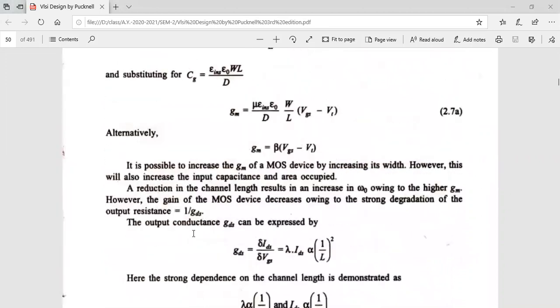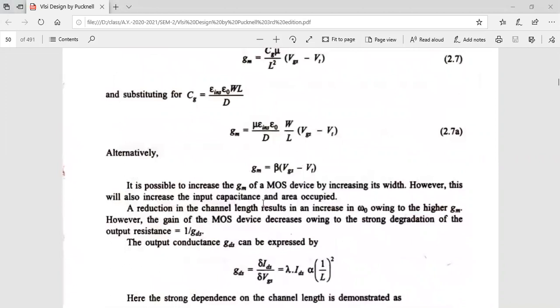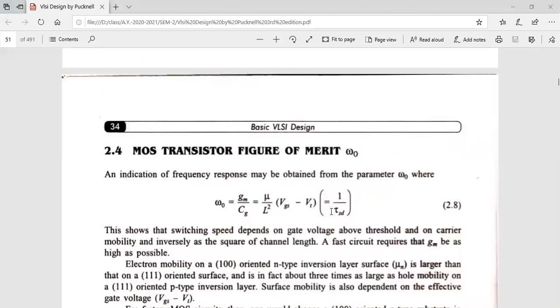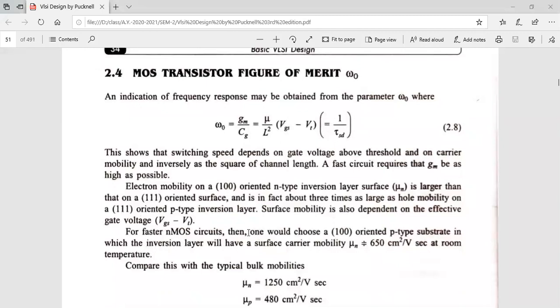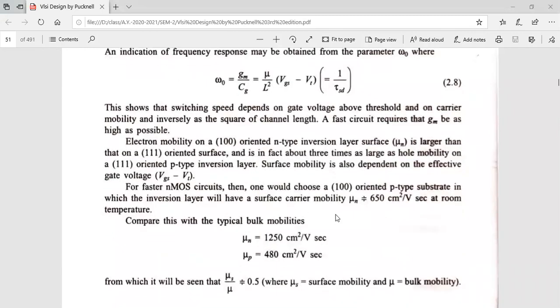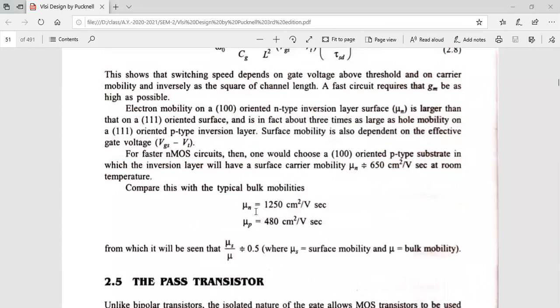We can use any of the equations. So at last we are able to identify that the figure of merit of a MOS transistor will be 1 by tau SD, almost equal to 1 by tau SD. So we have the mobilities mu n and mu p also.